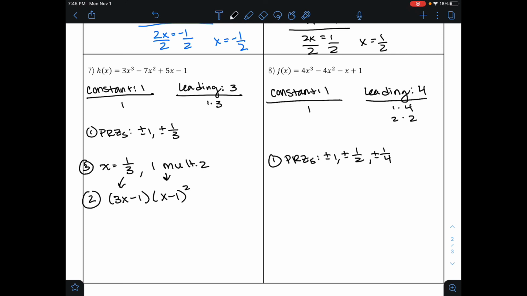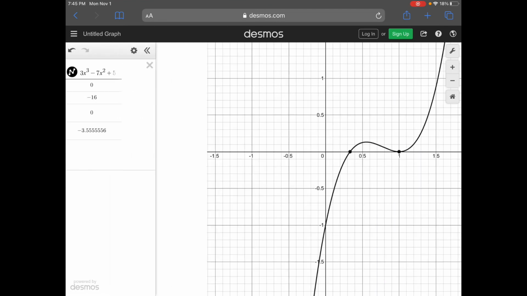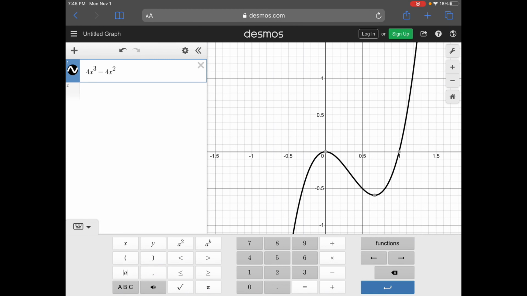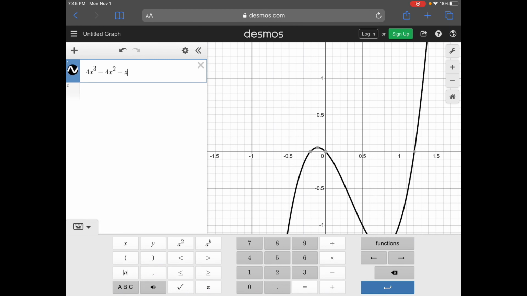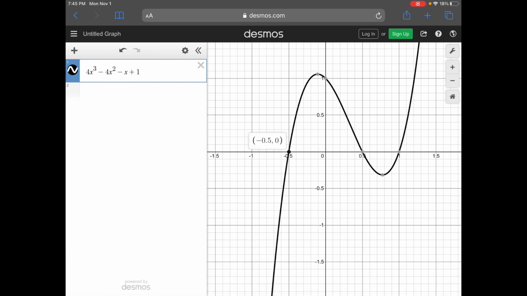Let's plug this into Desmos and see what are actually zeros. So I have 4x cubed minus 4x squared minus x plus 1. And I can see that I have zeros in 3 locations here. And so let's see.